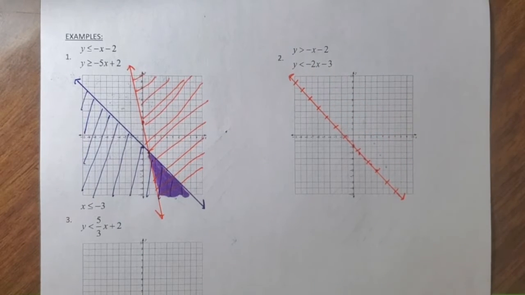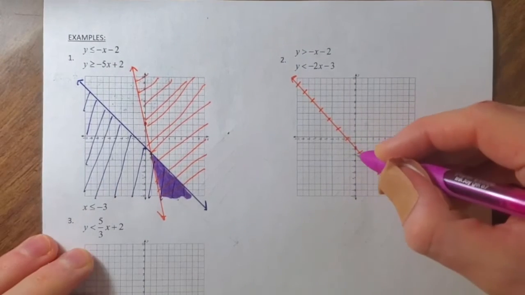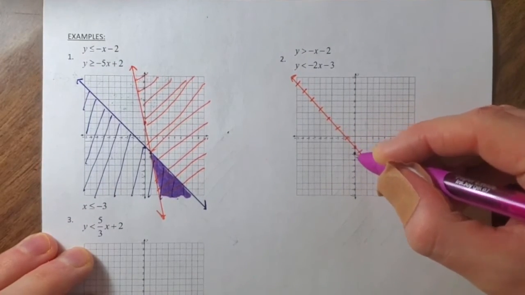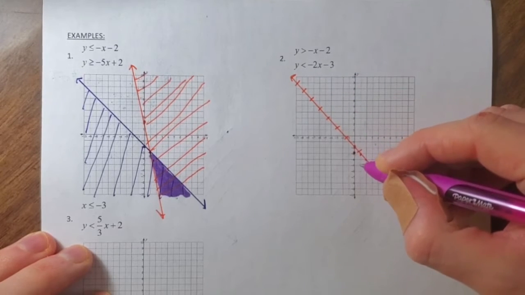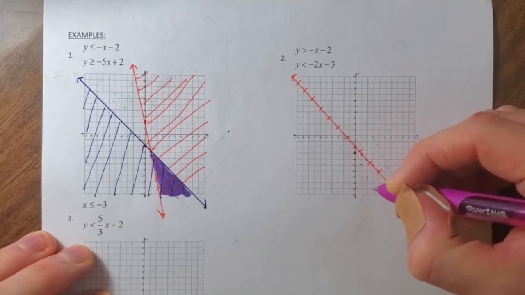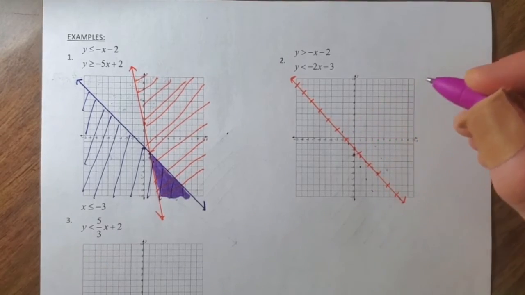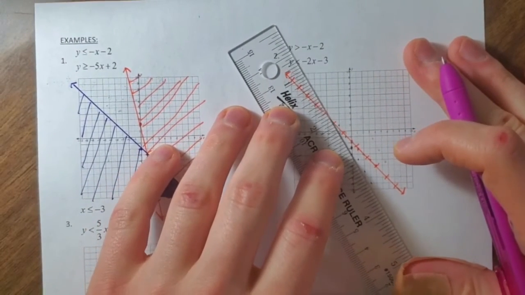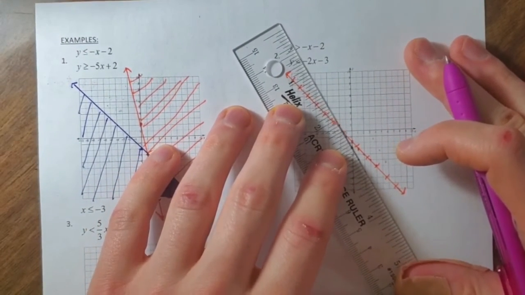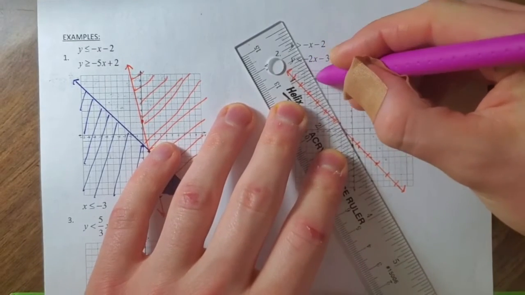So we're starting with an intercept of negative 3 now. And now we have a slope of negative 2. So let's go down 2 over 1, down 2 over 1. And again, we're going to get a dashed line here since we have a strictly less than sign. But I think it'll show up a little clearer if I make my tick marks again.